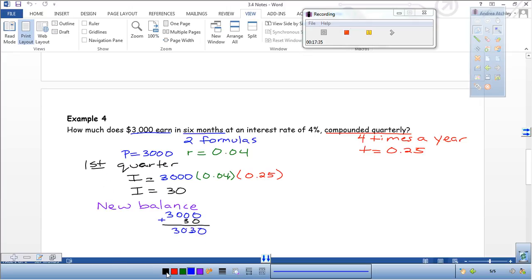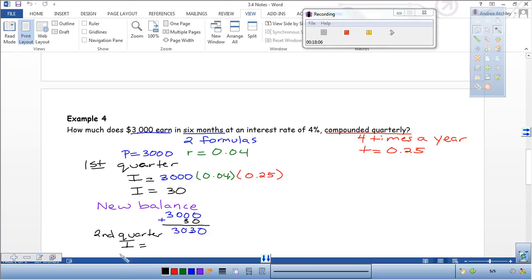Now we have to do the second quarter. We're only doing this 2 times, because it's 6 months. If we're looking for the year, we'd have to do this 4 times. There are 4 times in a year, but we're only doing half a year. That's why there are only 2 quarters I'm dealing with.